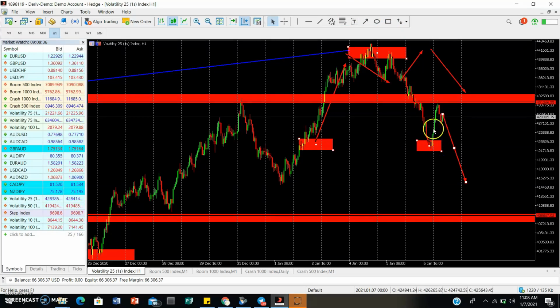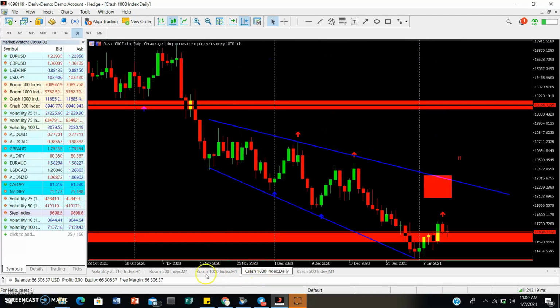So this would be considered as stop hunt, or retracement, right? But it's another peak right here. So we're expecting price to come back down and break this low, right? Most probably. Okay, so this was just an update before we get into today's business.